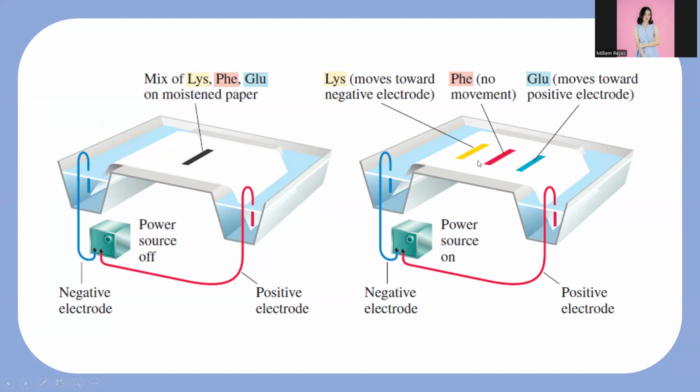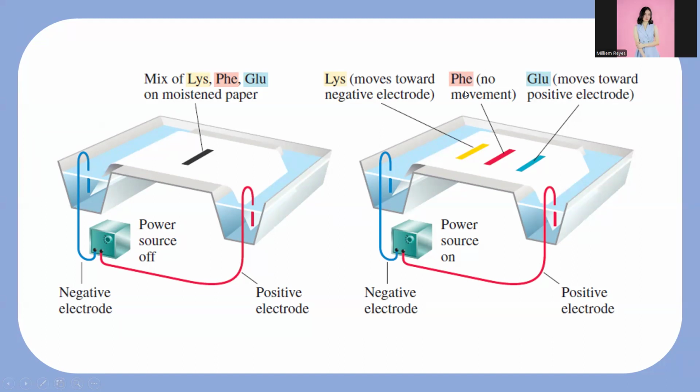Now, si lysine, magmo-move siya towards the negative electrode. Because what is lysine again? Diba, it is a basic amino acid. So the basic amino acid is positively charged. Therefore, it will be more attracted to the negative electrode.